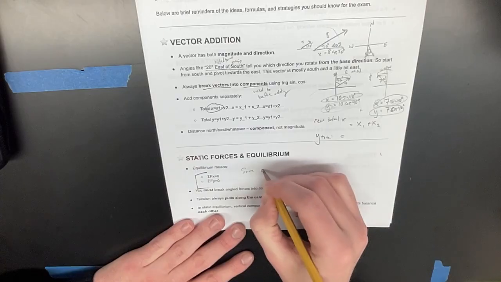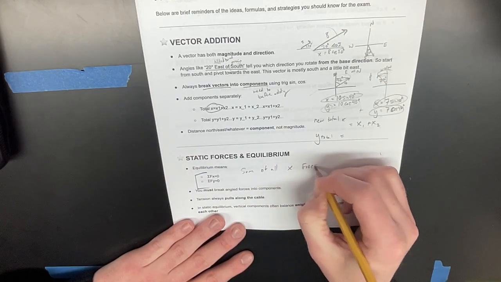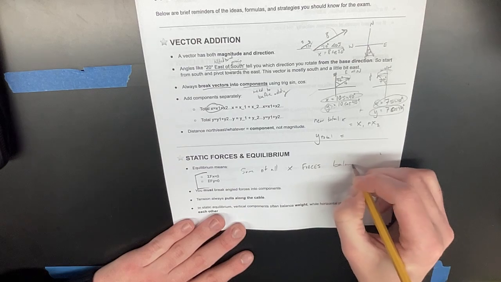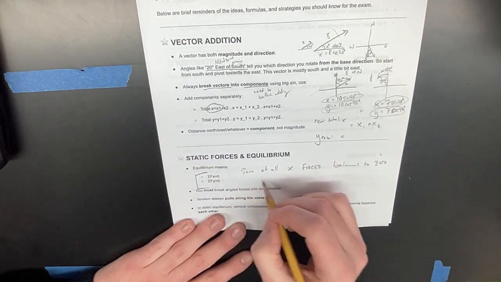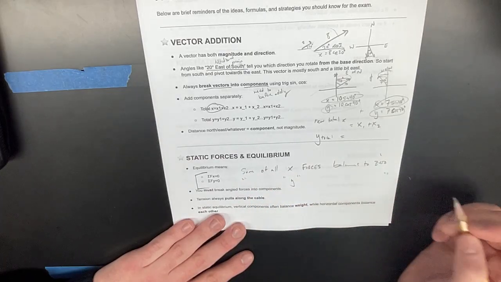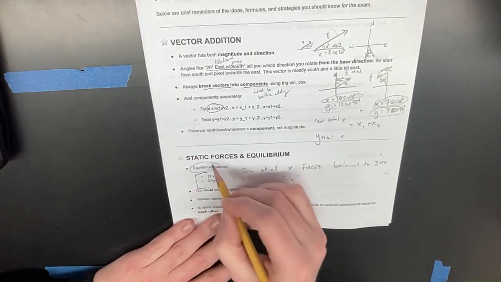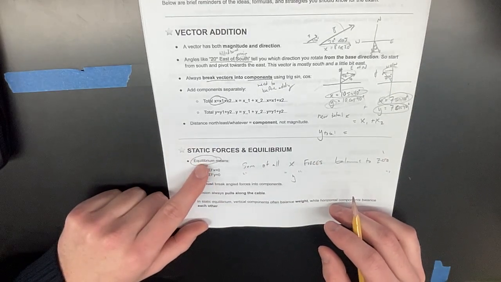The sum of all the x forces balances to equal 0, and then the sum of all the y forces also balances to 0. That's specifically if it's in equilibrium, if it's not accelerating.